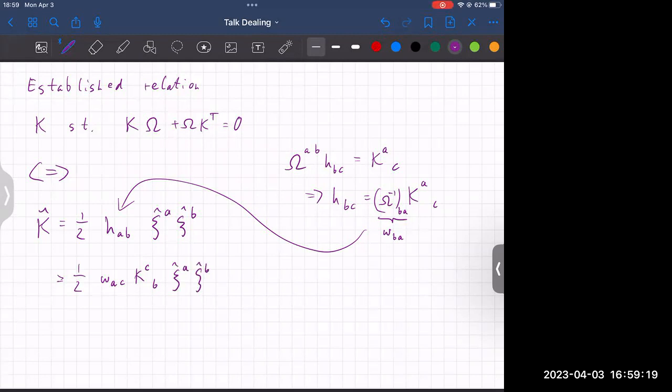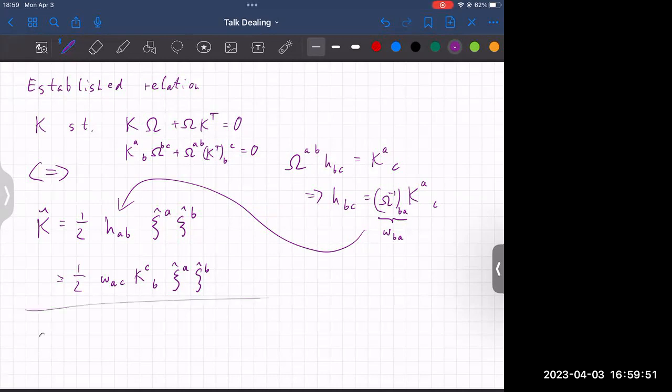So now, of course, here in abstract indices that would be AB omega BC plus omega AB K transpose BC being equal to 0. So we now have a relation between the symplectic matrix K and a quantum operator K hat.